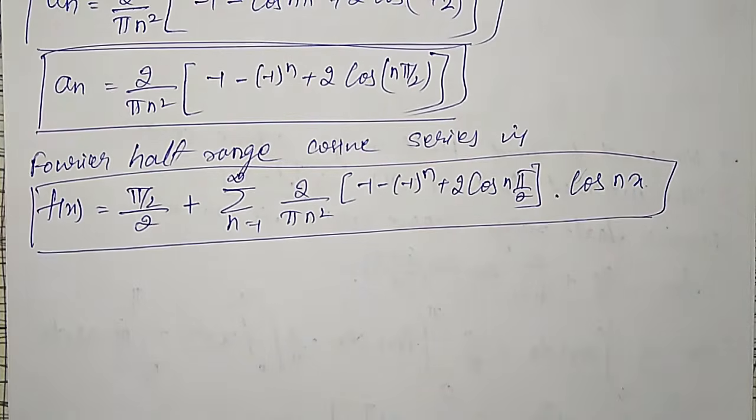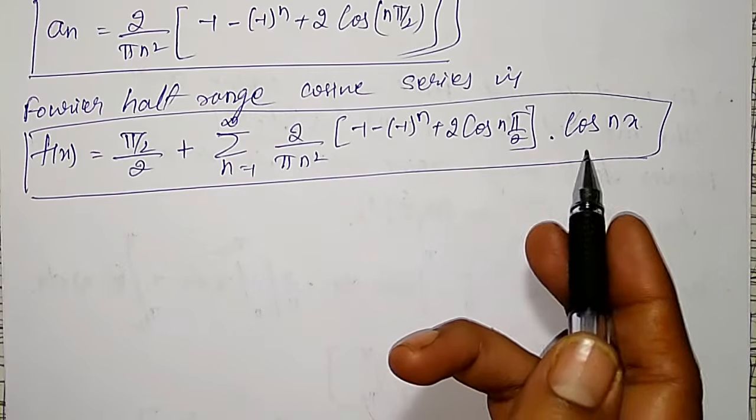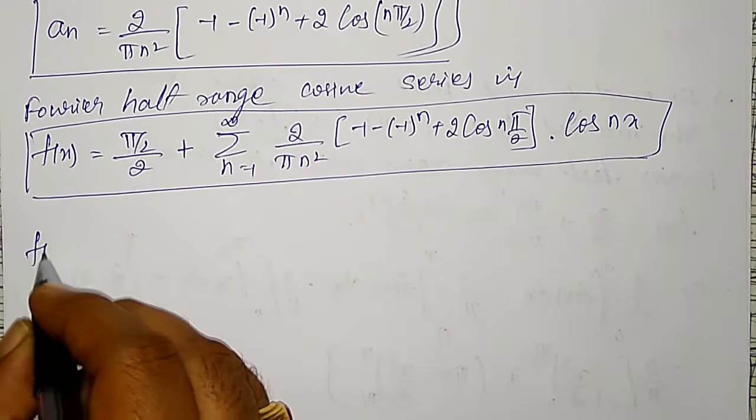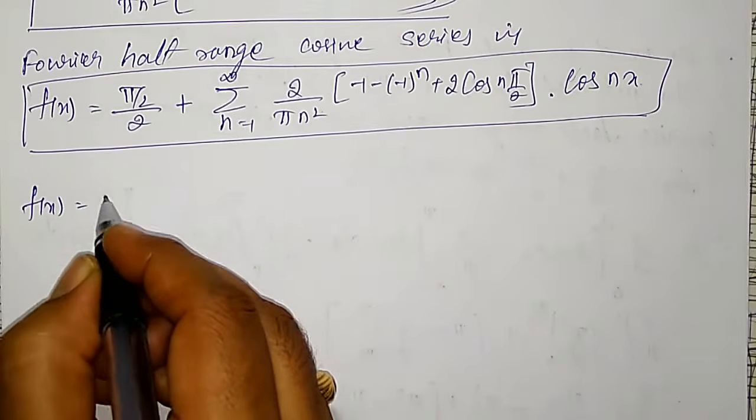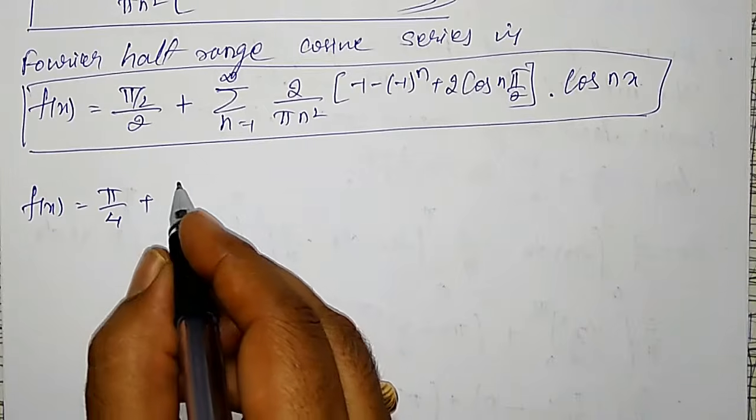From this half range Fourier series, I have to expand this for n equal to 1, 2, 3 and so on. Let me check what I am going to get. Therefore f of x is equal to pi by 4 plus 2 by pi, which I can write outside.